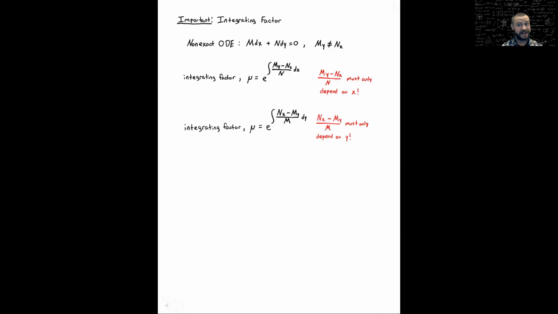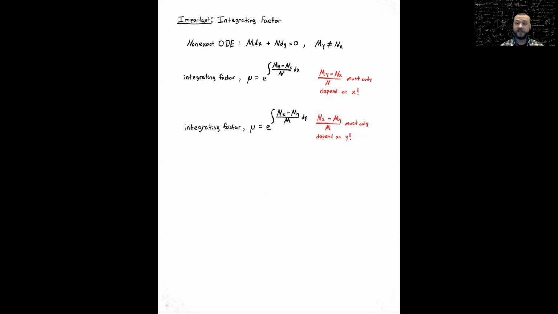Now, there is an alternate version if our assumption that it only depends on x was wrong. We could alternately suppose maybe it depends only on y. I'll leave the proof and the work maybe for you to implement, very similar to the work that we just went through.